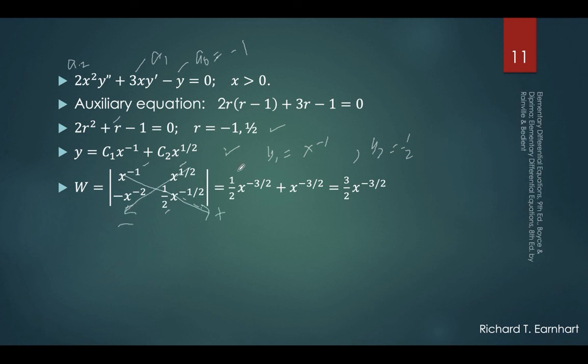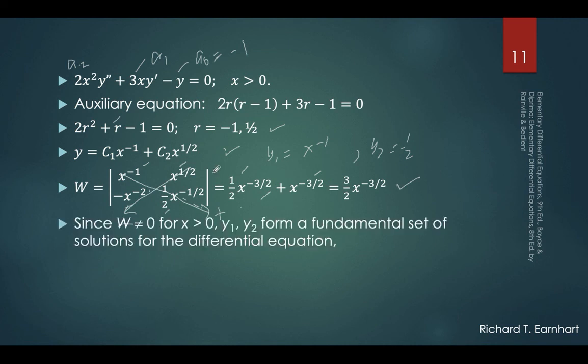So 1/2 x raised to negative 1/2 times x raised to negative 1 is x raised to negative 3/2. 1/2 minus 2 is negative 3/2 also. So combining, this will give you positive 3/2 x raised to negative 3/2. So as you can see, your Wronskian determinant will never be 0 for x greater than 0.